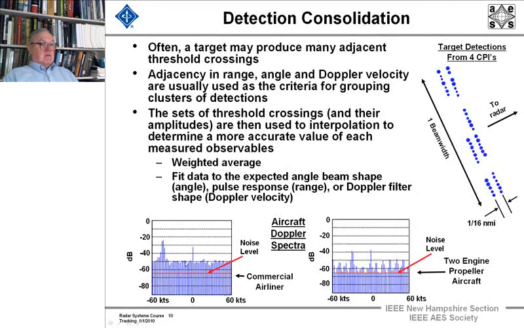But we also see a lot of Doppler threshold crossings above the noise level. And that is the ambiguity in Doppler all folding down. And that's why these targets were seen in many Doppler cells. But here is where the target really is. Now over here, when we have a two-engine propeller aircraft, we see the modulation of slower moving propellers.